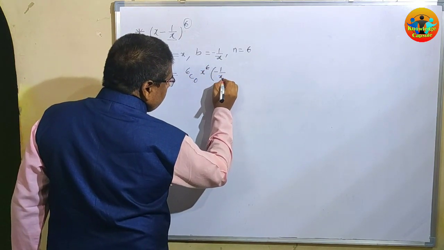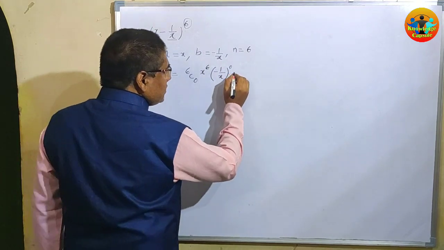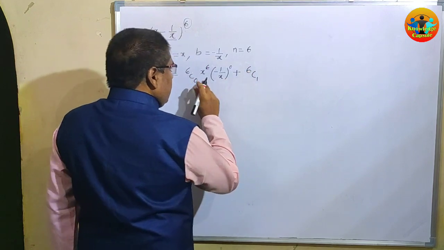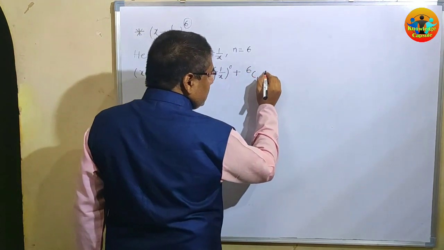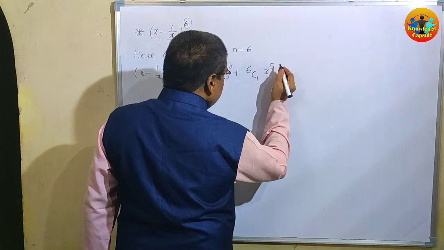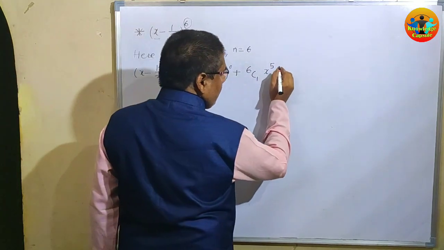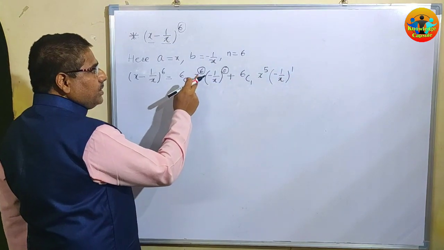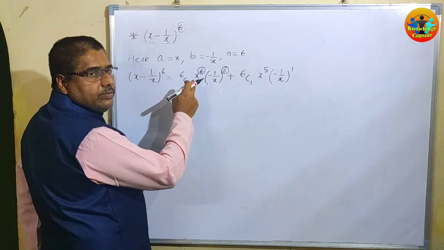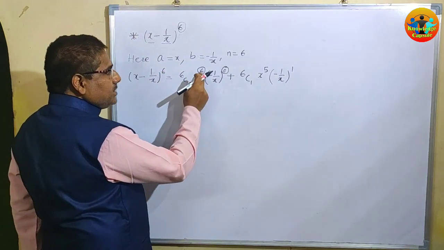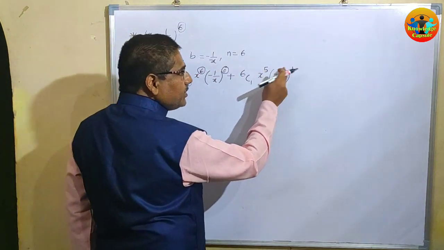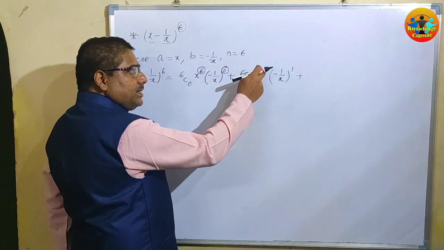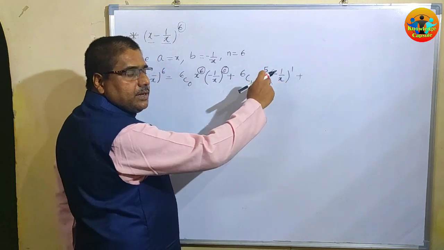The value of b is minus 1 by x raised to 0, plus nC1, that is 6C1, a raised to n minus 1, it will be x raised to 5, into b raised to 1, where b is minus 1 by x raised to 1. The addition of these two indices will always be equal to n, that is 6 plus 0 is equal to 6, 5 plus 1 is equal to 6. We have to decrease this index by 1 and increase this index by 1.